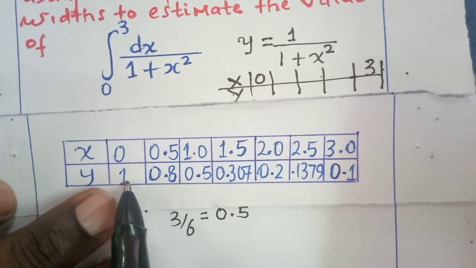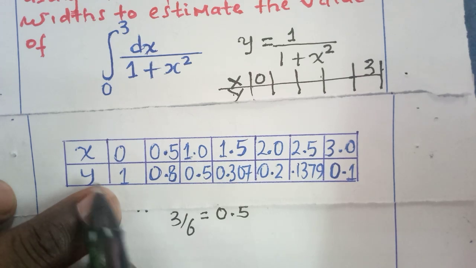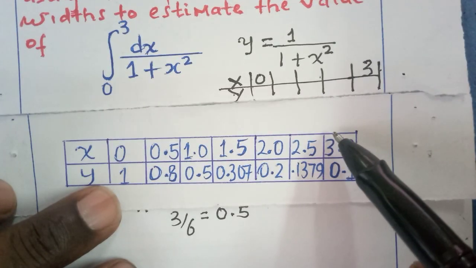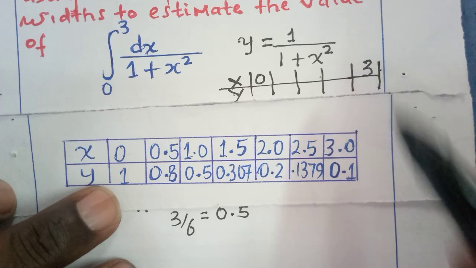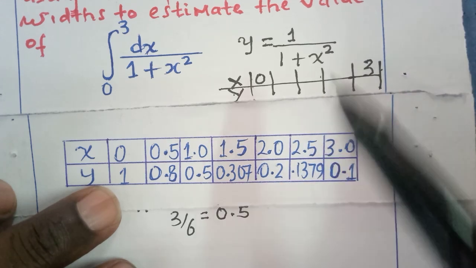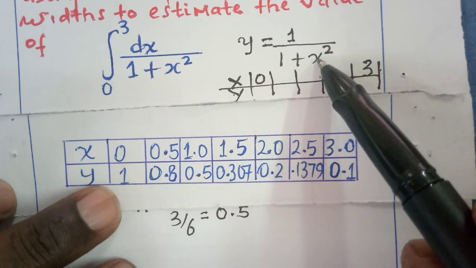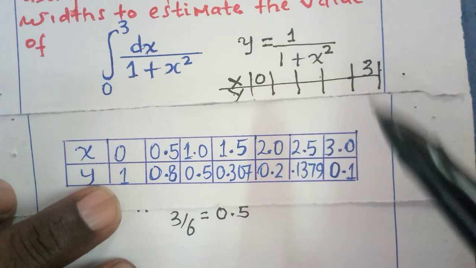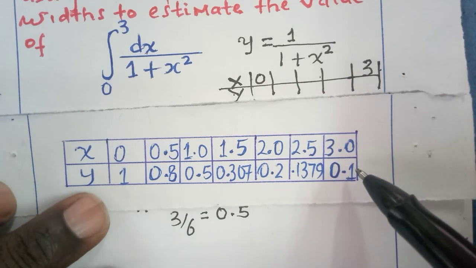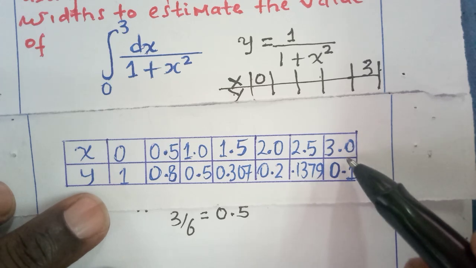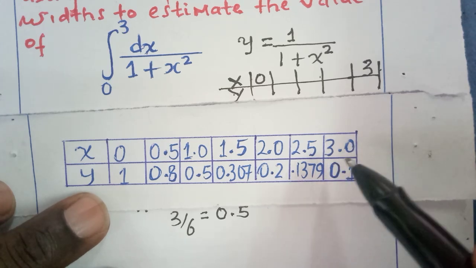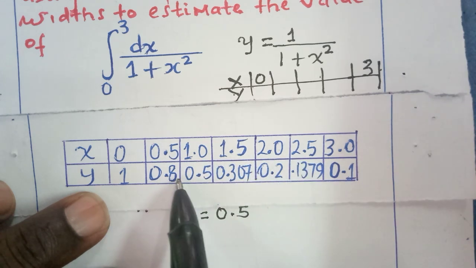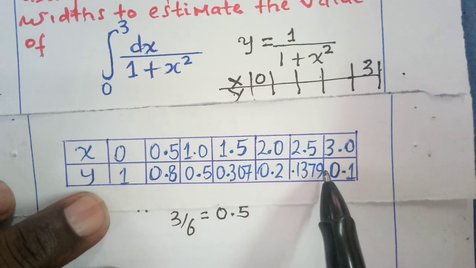Coming to the last one, if I use 3, you have 3 squared, which is 9, plus 1 is 10. So you have 1 all over 10, which is 0.1. I have done that for all the coordinates of x, and I have found my values here.